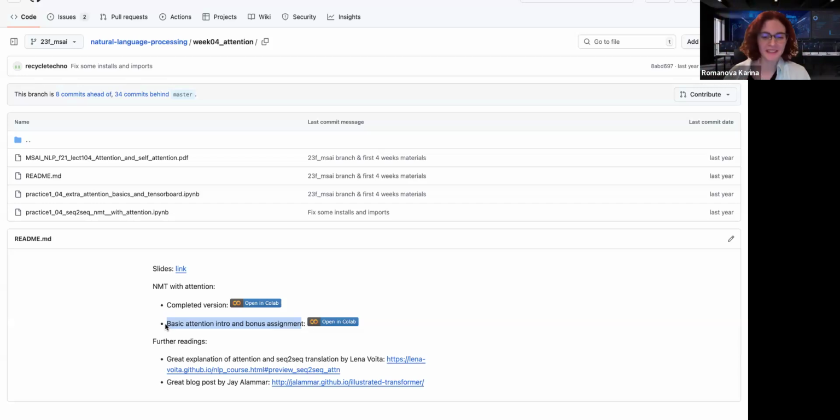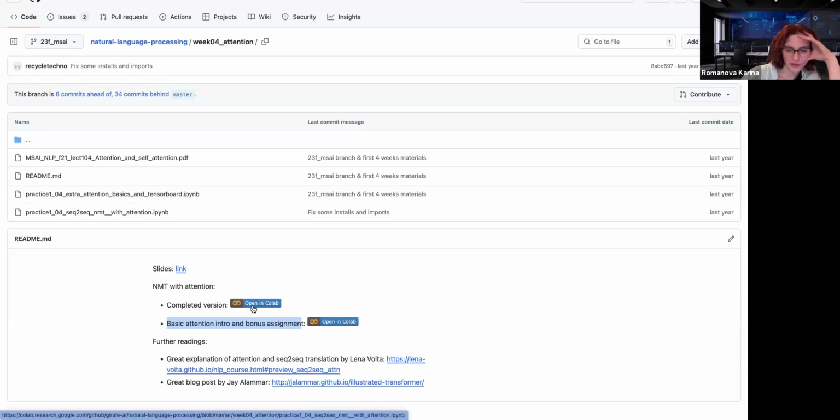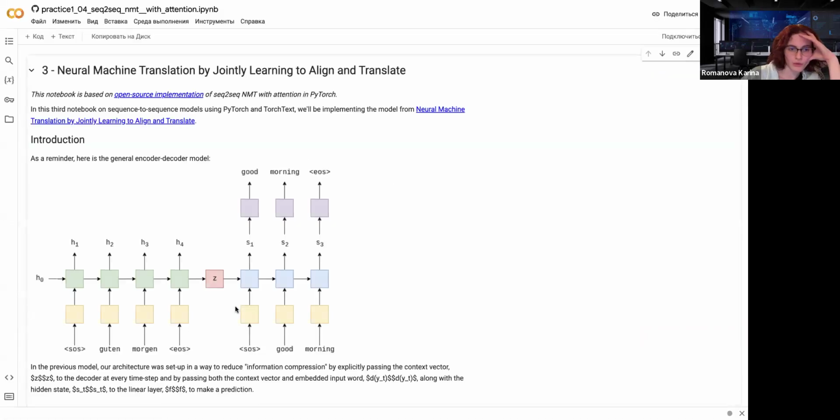So, okay, I discussed with you that it's very, very important to understand all parts of today's lesson, and we can start with the first notebook. As you can see, here we have sequence-to-sequence models.